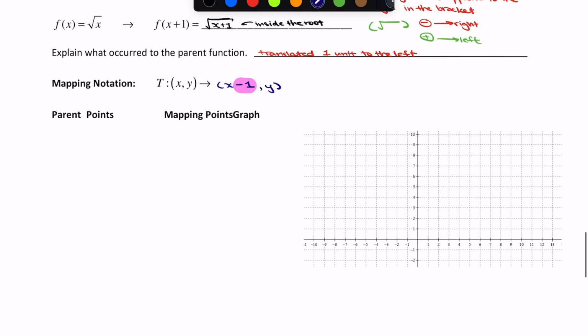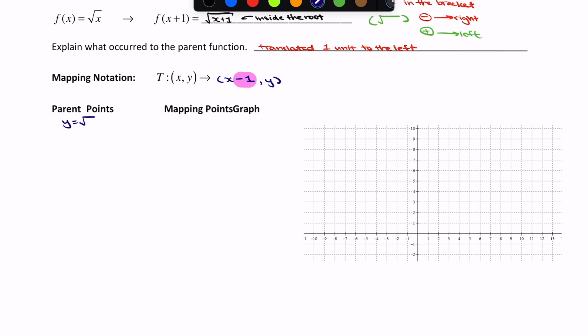So here again, if we look at our parent function, y equals square root x, put our table of values: 0, 1, 4, and 9, with 0, 1, 2, and 3 for our y values. And then our transformed function here will be y equals square root of x plus 1.